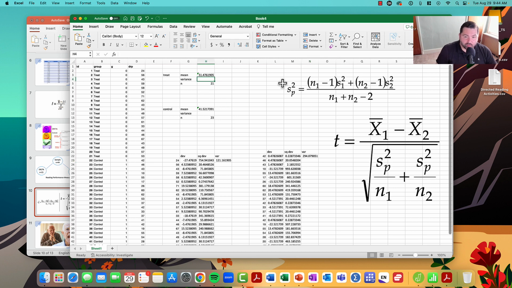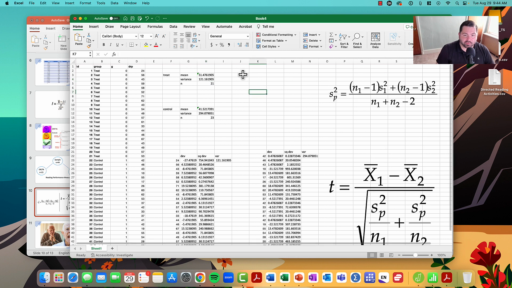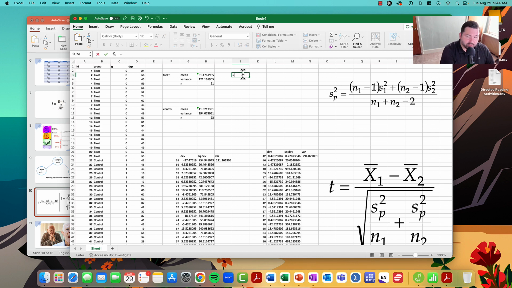Okay, so now that we have done the work to get the parts that we need for the pooled variance, we can go ahead and try to calculate pooled variance. So to calculate the pooled variance, I like to address things from the numerator first and then the denominator. So to address the numerator, we're going to open our parentheses, and the sample size for the first group is 21 minus 1, close parentheses, and multiply it by its variance, right?